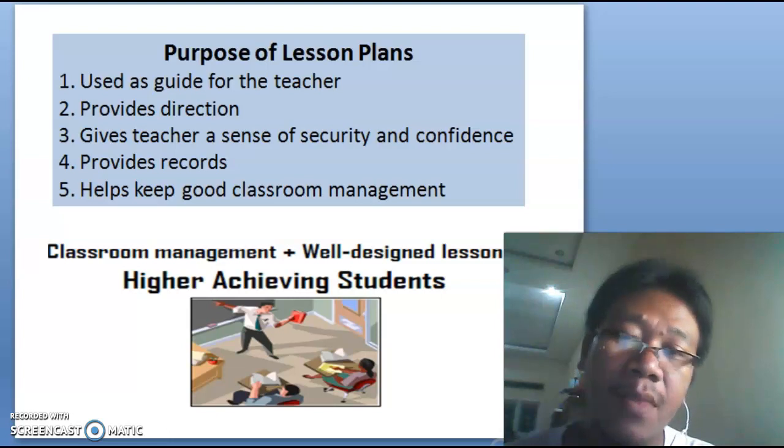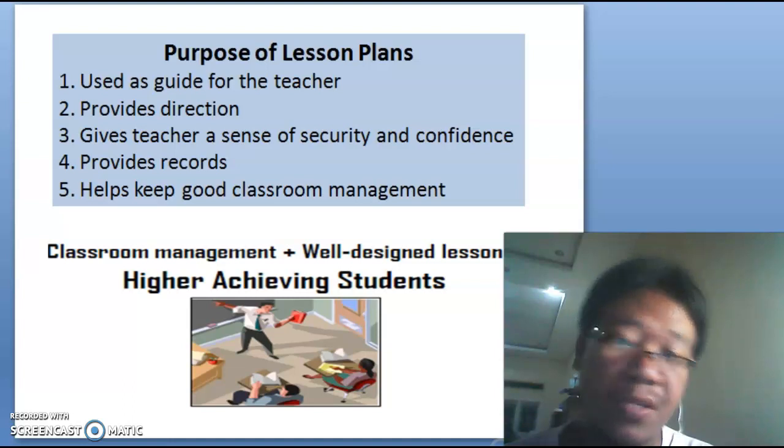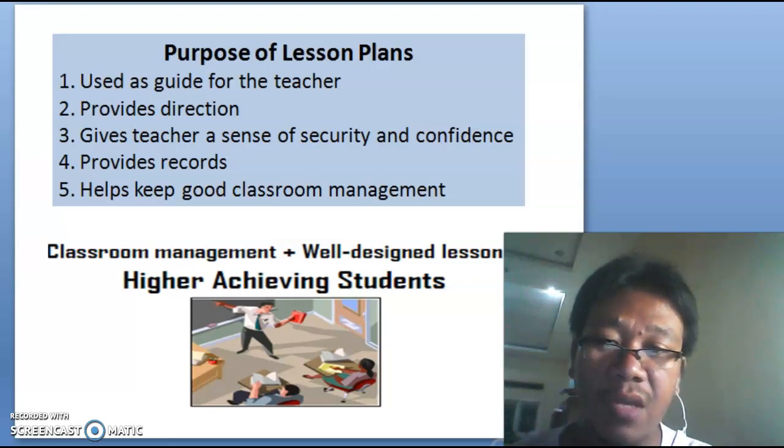And then from the purpose of lesson plans, you will get higher achieving students. How to get higher achieving students? Of course, you need to manage your class. You can see the formula here.